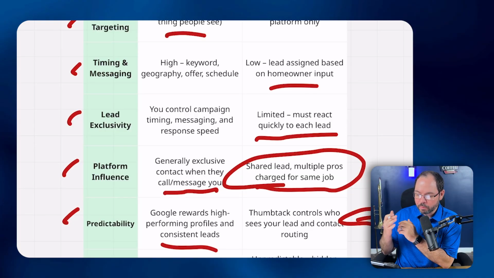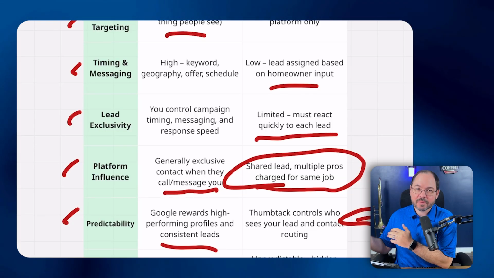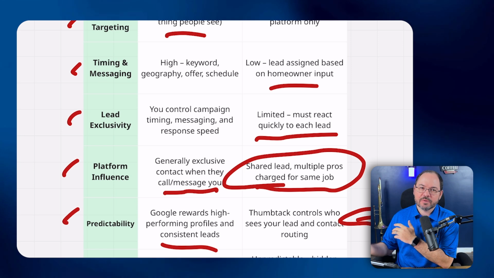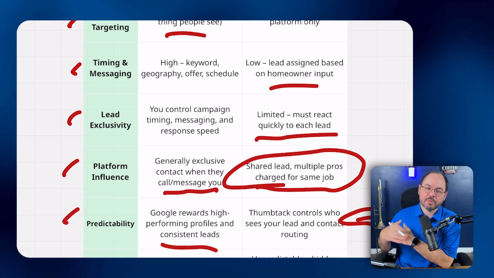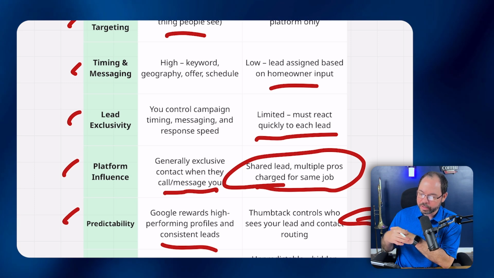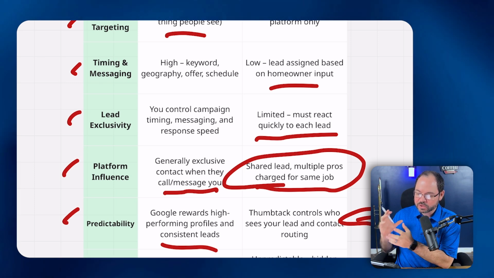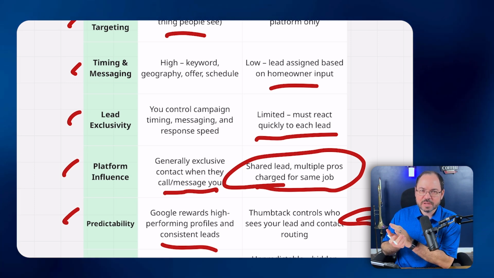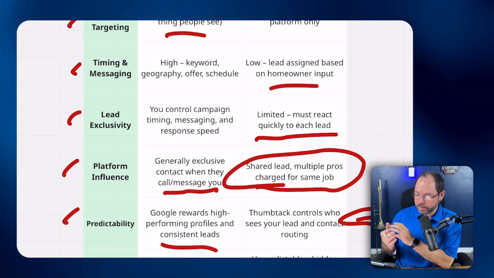So if your whole digital presence is optimized, you've got a great website, great reviews, and you're consistently updating everything, Google is going to reward your profile over everybody else's. They want people to have a good experience, because that means you'll keep coming back to Google and keep searching, which means more ads are going to be performed, which means Google's going to make more money. Versus Thumbtack, they just control who sees it inside, right? It's a private party there.